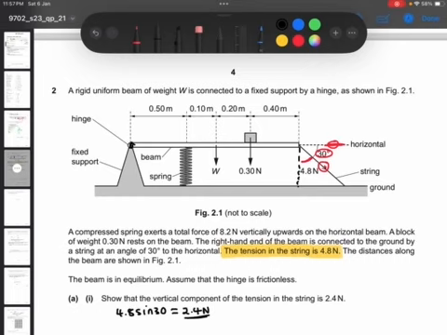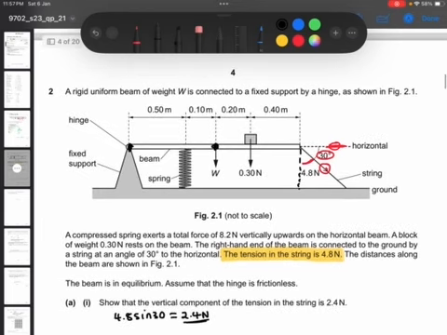For example, from this hinge to where the weight is indicated to be acting, there is 0.5 plus 0.1, which is actually 0.6 meters. And from here, where the weight is acting, to the other end, there is 0.2 plus 0.4, which is again 0.6. So that's the geometric center where the weight is acting.